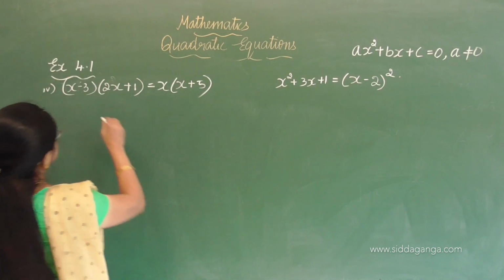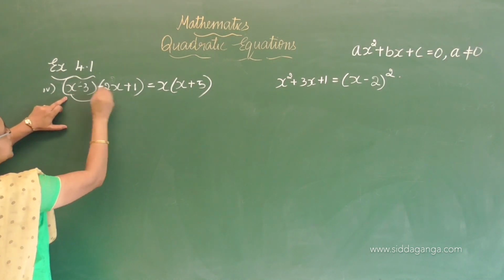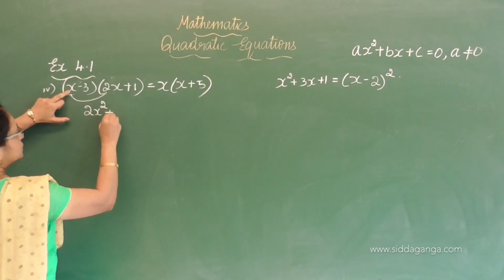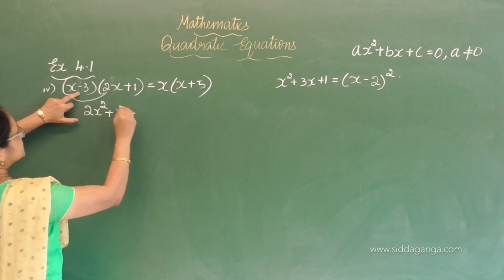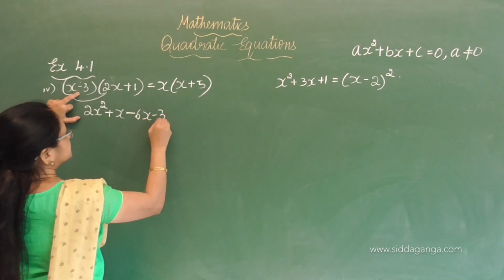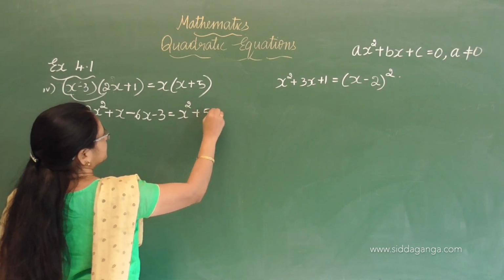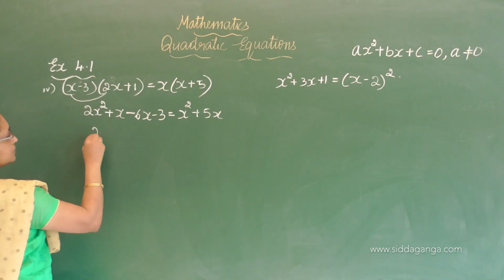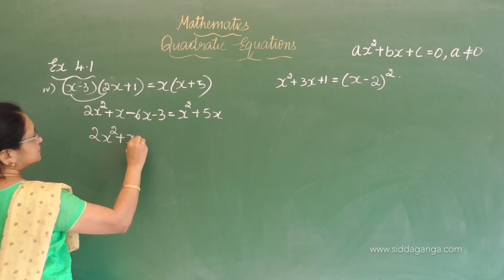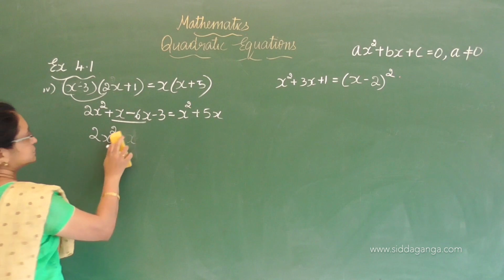Okay, now see here again, multiplication. So, x into 2x, that is 2x square, then x into 1 is x, minus 3 twos are 6x, plus into minus, minus 3, is equal to x into x, x square plus 5x. 2x square plus x minus 6x will give you how much?